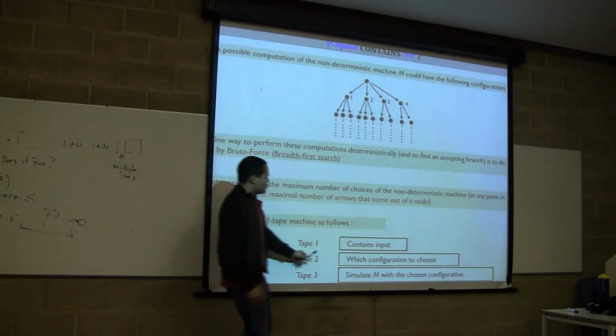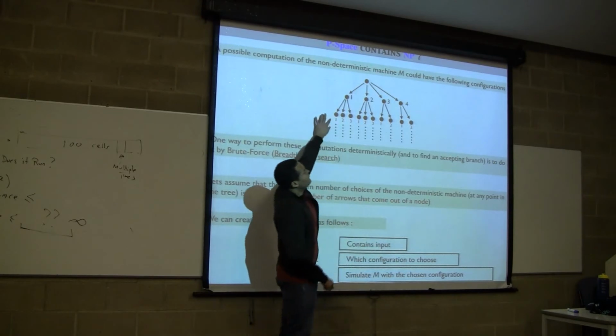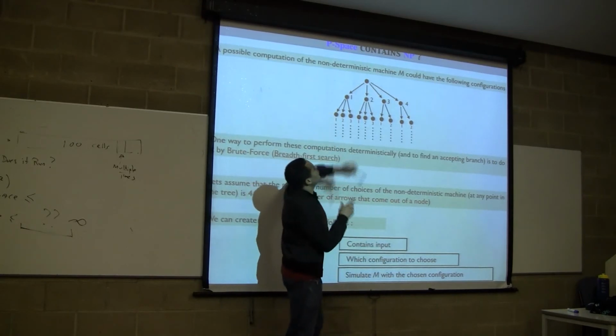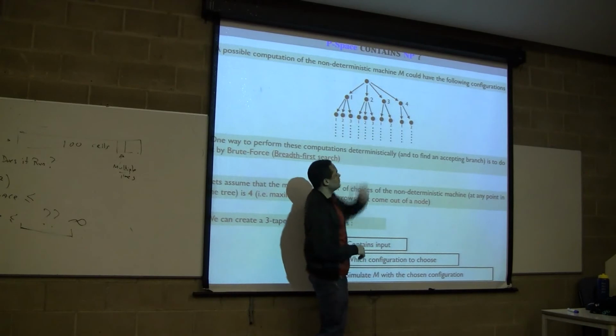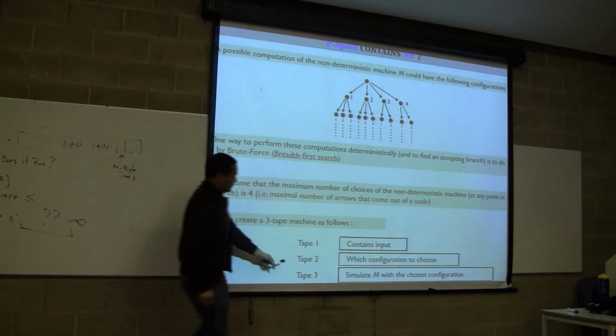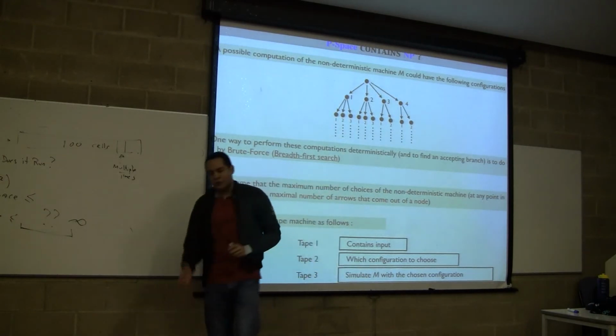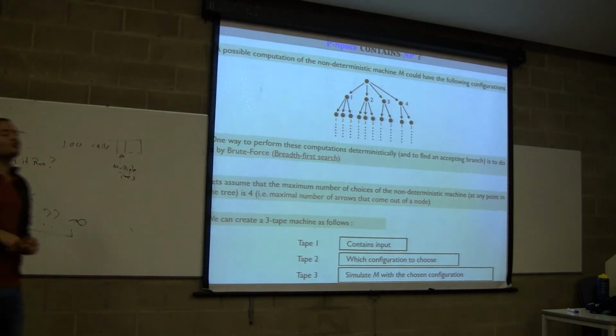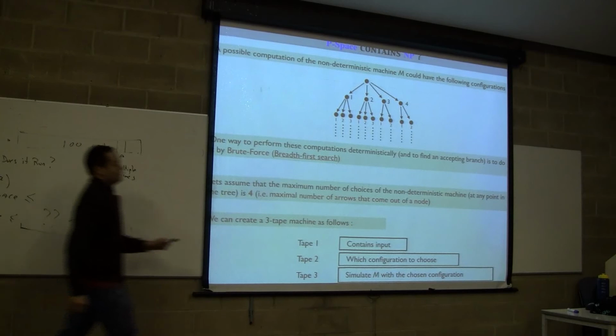And then tape 2 will generate this tree somehow. Well, not the whole tree, but it will generate the options at every level, the configurations at every level. And on the third tape, I'm going to do something very similar to a universal Turing machine. That is, I'm going to run my NP problem for that particular configuration.